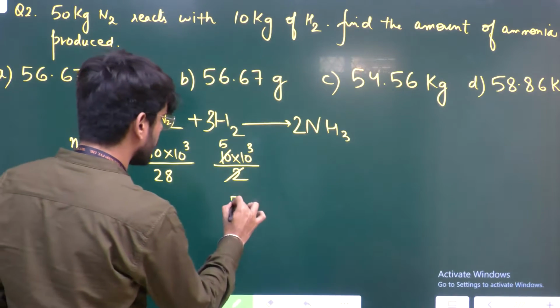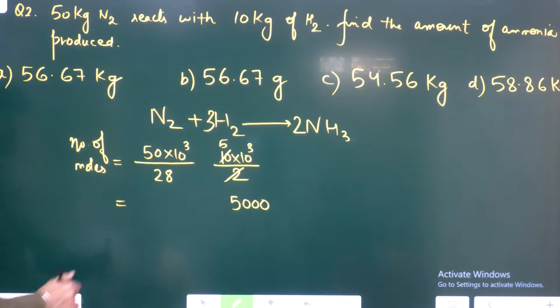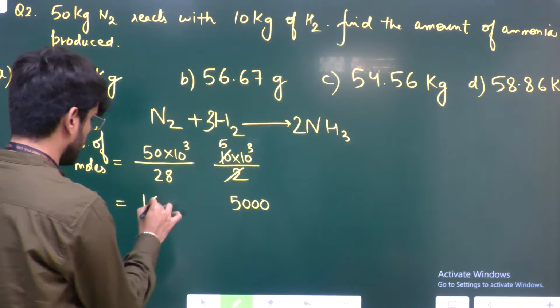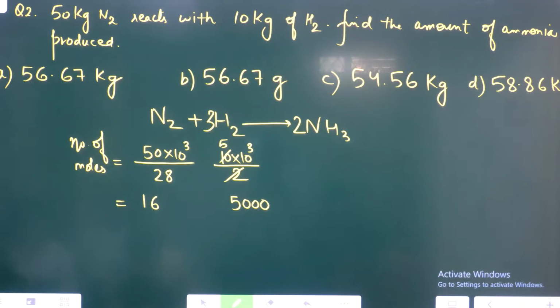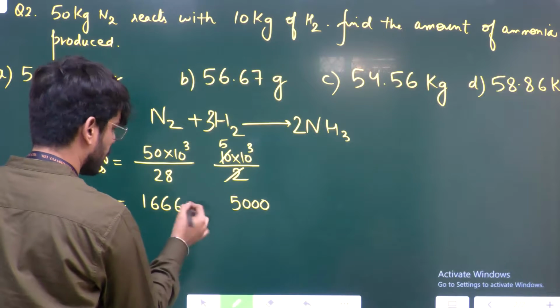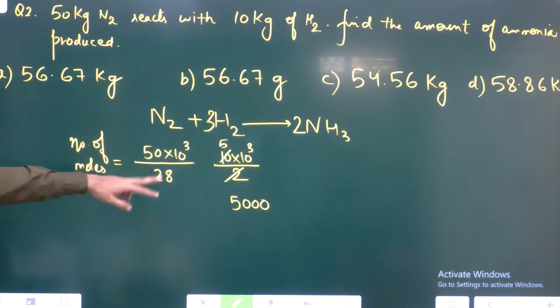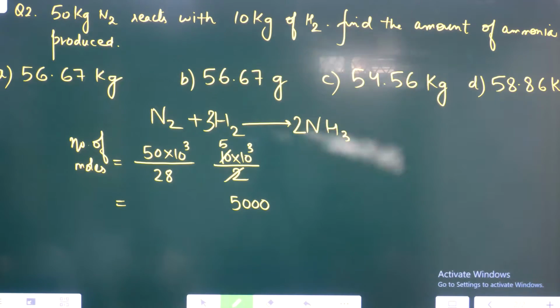The hydrogen anyhow is 5000. And for nitrogen, 6 point something? 50 divided by 28. Tell me what it is.